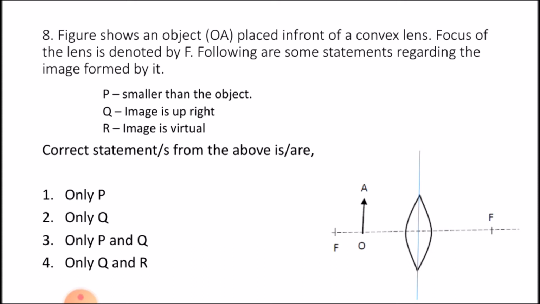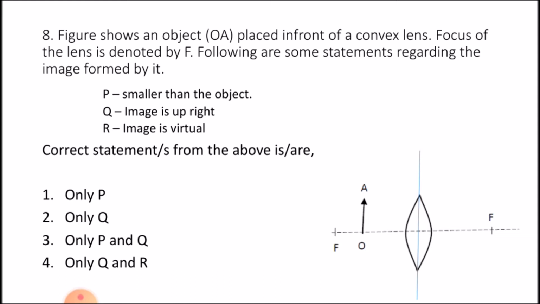Okay, so we need to draw a ray diagram. In a ray diagram, there are a few things you need to remember. One thing is when a light ray travels parallel to the principal axis, especially in a convex lens, it bends and passes through the focal point.